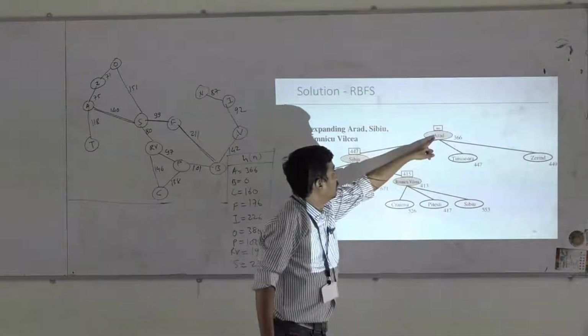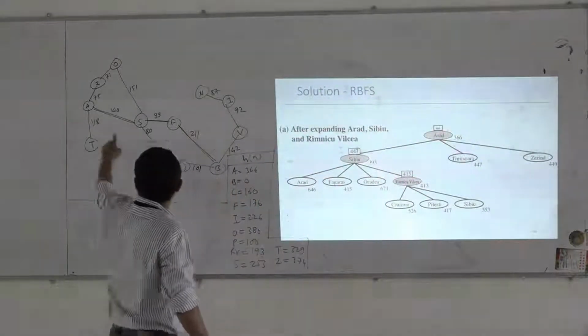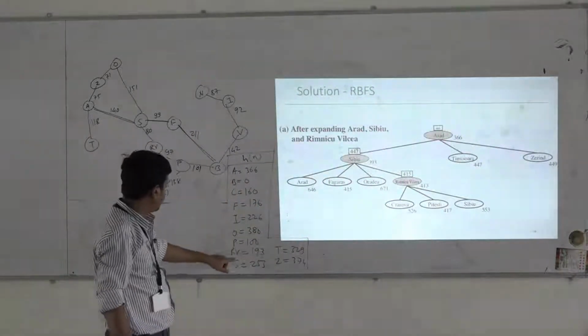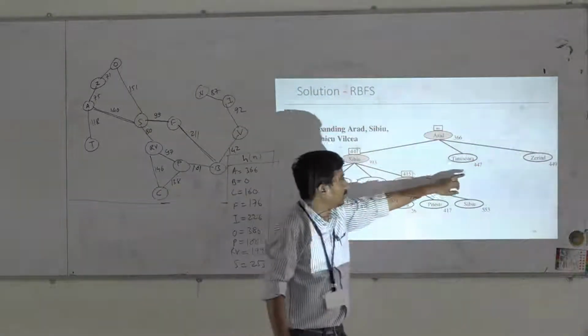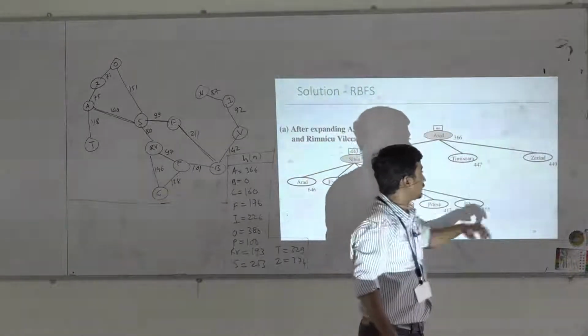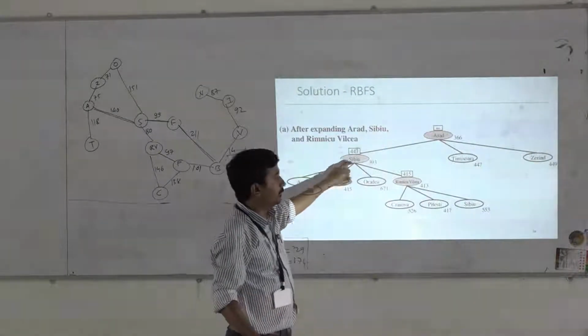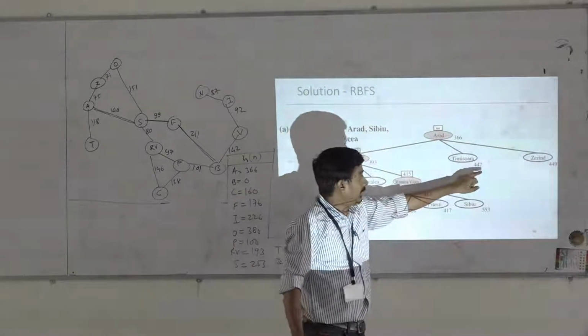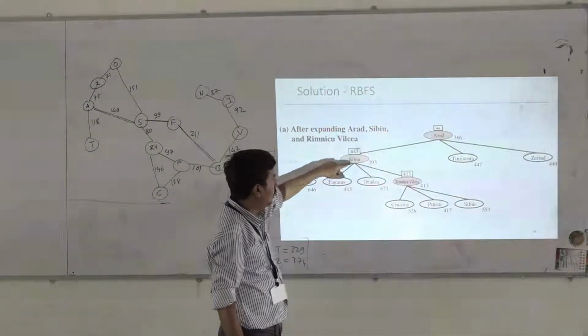These are the neighbors of A. For S it will be 140 plus 253, that is 393, and this is the value of f of n for S, T, and Z. Now for S, who is the best alternative? This is the best alternative. Its f of n value will be stored in the f limit value of S.